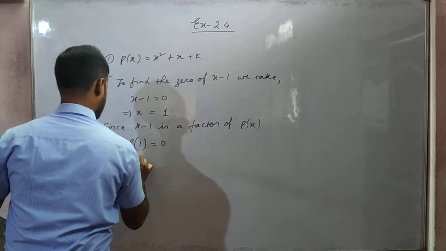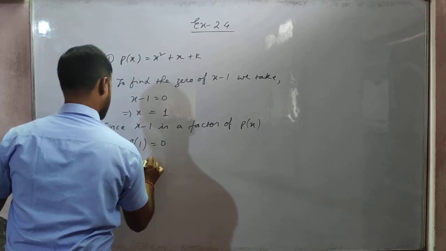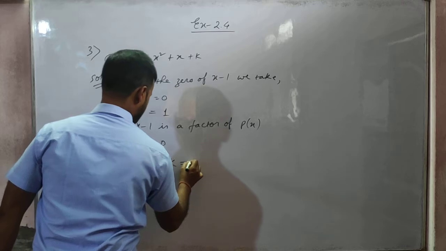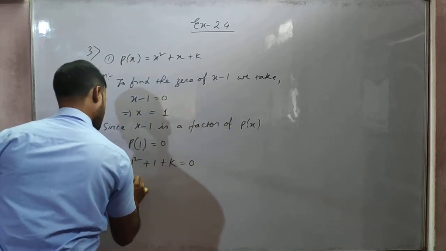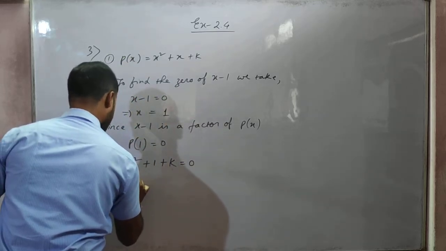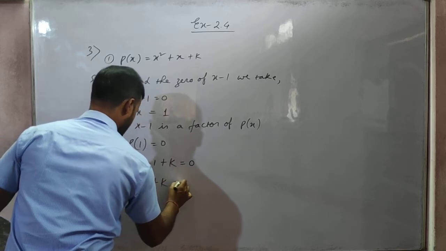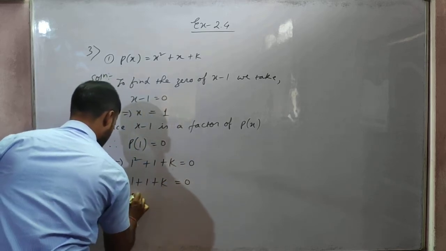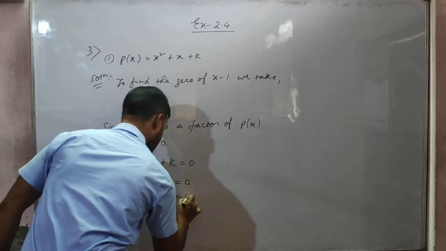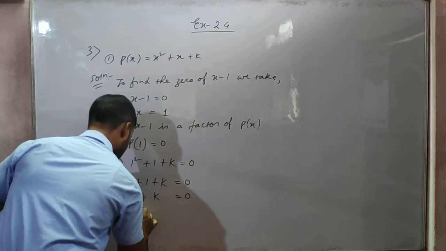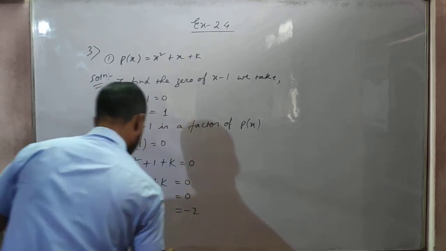So that means 1 square plus 1 plus k is equal to 0. So 1 square means 1, plus 1 plus k is equal to 0. 2 plus k is equal to 0. So that means k is equal to minus 2.